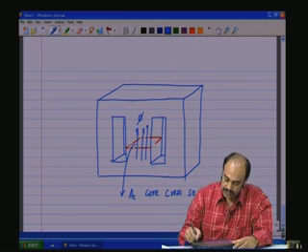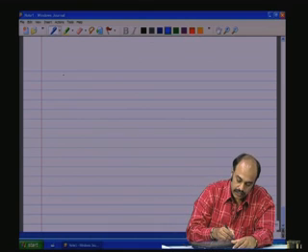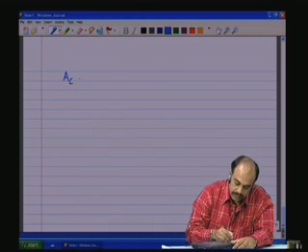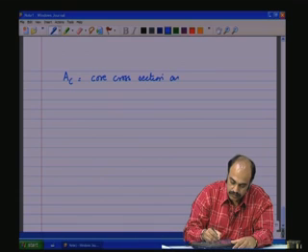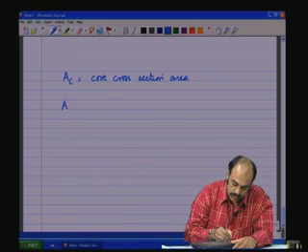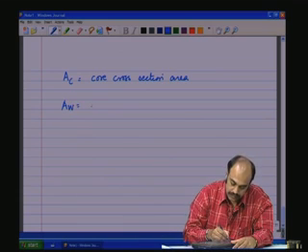So, we have two areas here. One is called AC, which is the core cross section area. Another is called the AW, which is the window area.